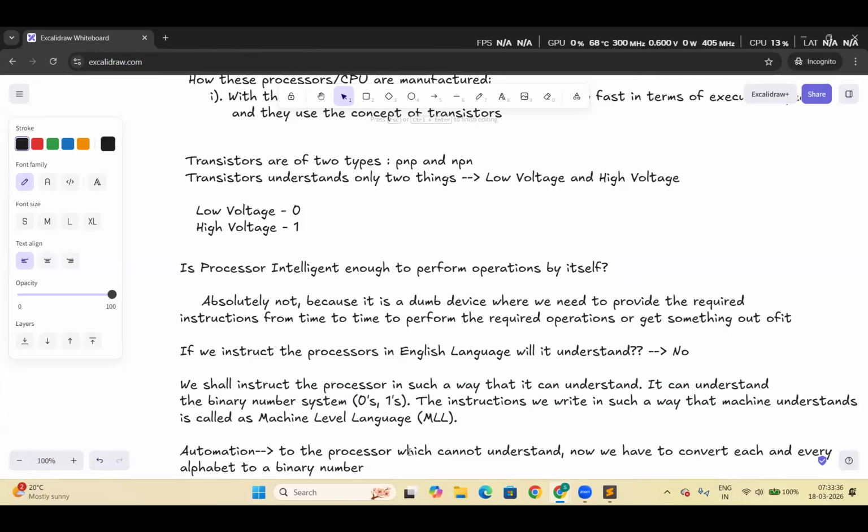Got the point? You have to convert each and every alphabet to a binary number. Clear? Which is a difficult one because we don't know how A will be processed as a binary number, or how U will be processed as a binary number. We don't know any of such sort. Okay.